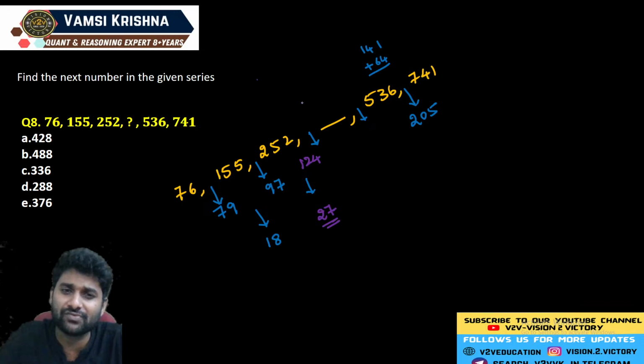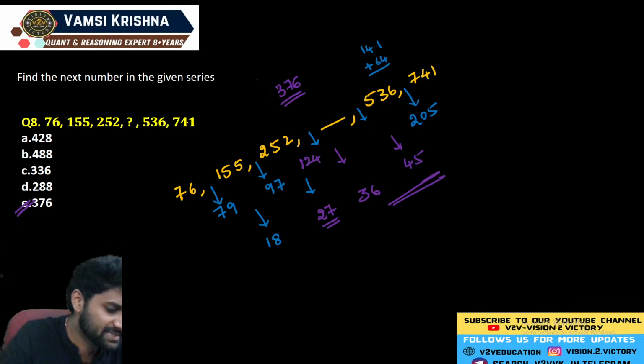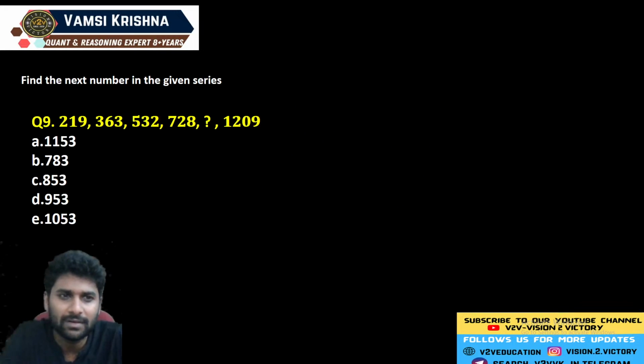So 252 plus 124, we have 376. Yes, we have an option. Guys, definitely the next differences must be 18, 27, 36 and 45. The double differences. Yes, very good. It's 376. Move on to the next one.